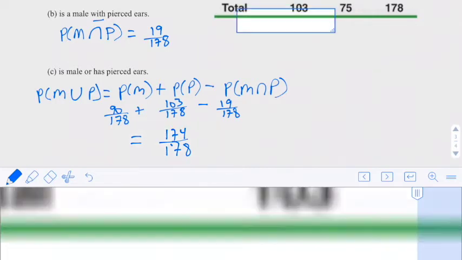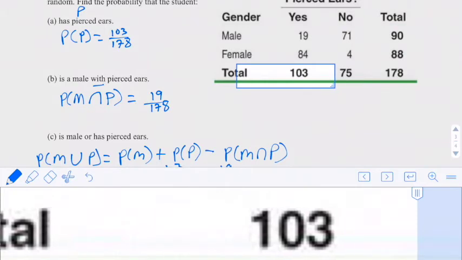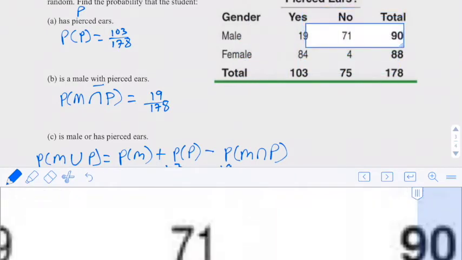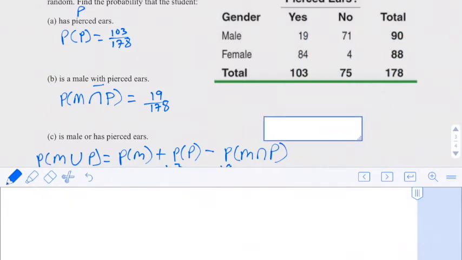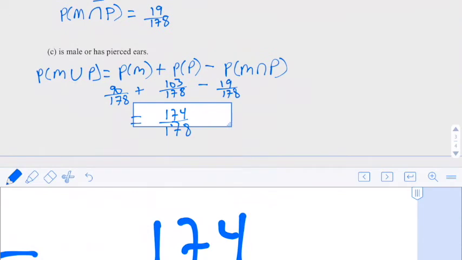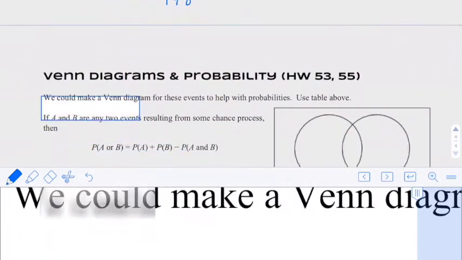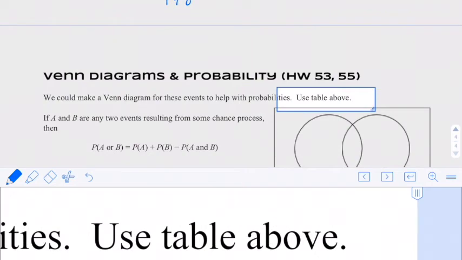Now this makes sense because there are a lot of people that are male and a lot of people who have pierced ears, but there's only 4 people who do not have pierced ears and are not male at the same time. Those 4 people are the ones that are not in it at all, and that should make some sense. If we make a Venn diagram of this, we can use the table above.